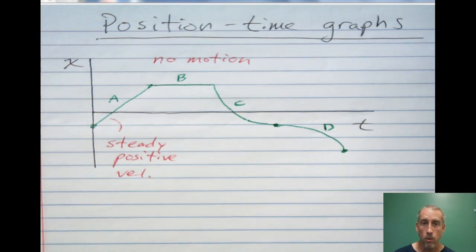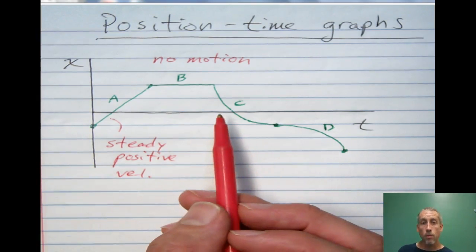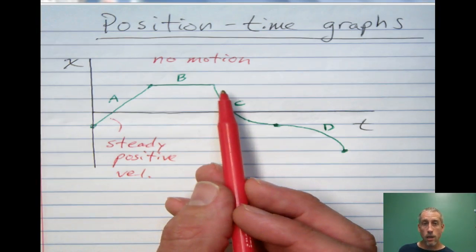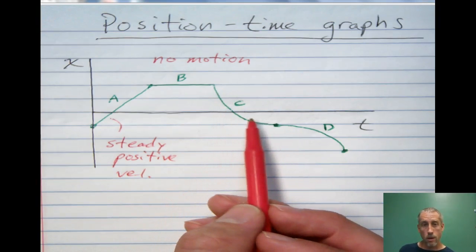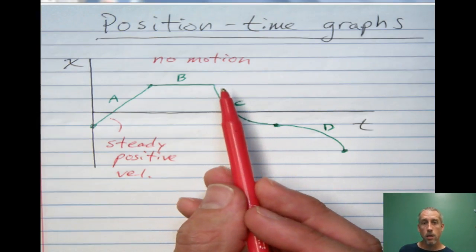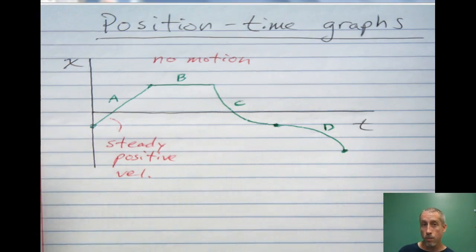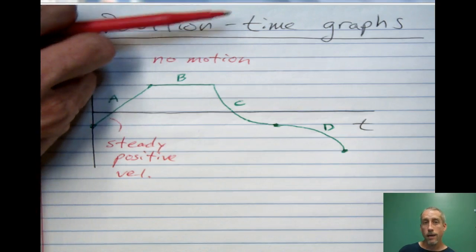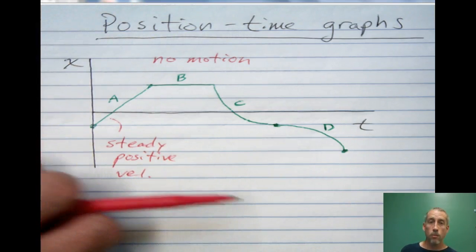Now, I've shown you two here. So if you describe the slope of segment C, it's certainly getting less slopey. Starts out quite steep and ends up pretty flat here. So that means it's decreasing in speed. But what direction is it moving? Notice segment C is the first part. We're actually moving downward on the graph towards a more negative position.